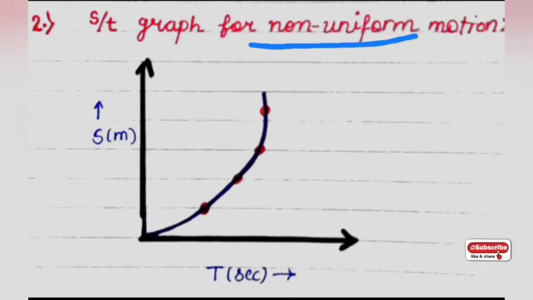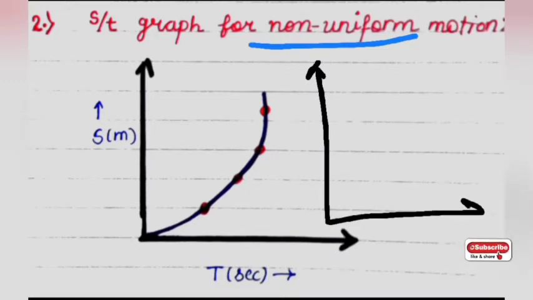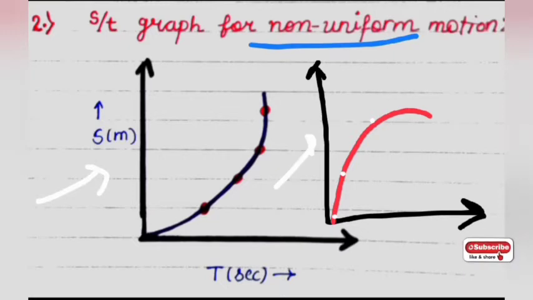Another type of curve is also possible, a different curve, and these points denote the different positions of the object at different time intervals. So these are the two cases, and that's how you can denote non-uniform motion graphically.